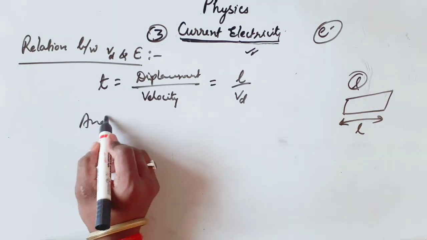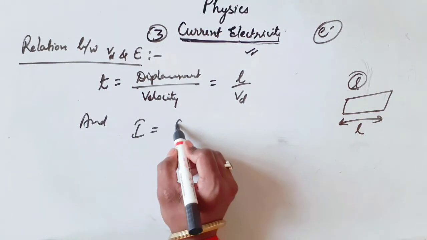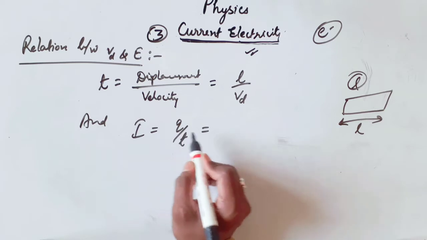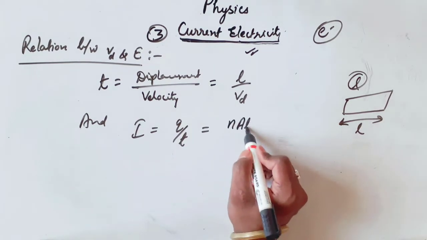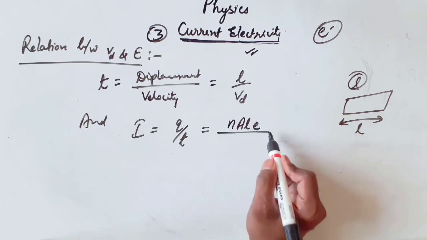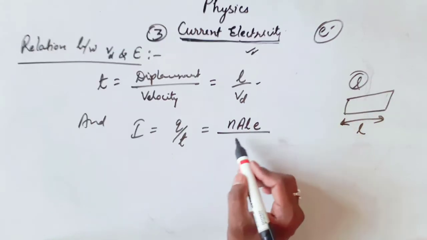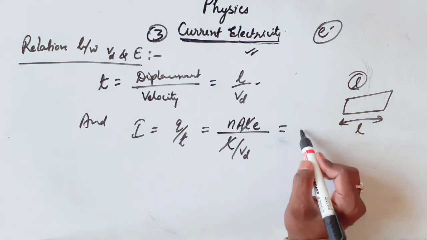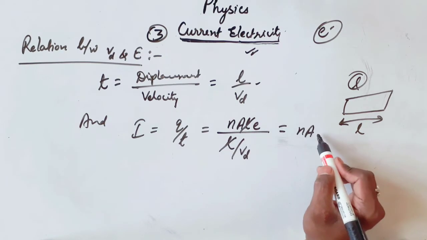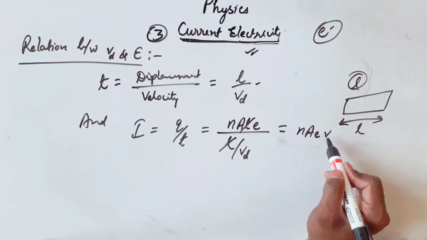The electric current flowing through the circuit will be equal to Q upon t. Placing Q as nALe and t as L upon Vd, L will cancel out and we get I equals n A e Vd.